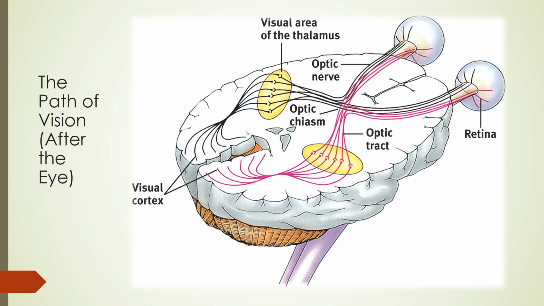So your left visual field, just like with their bodies, is controlled by the right side of your brain. And your right visual field is controlled, or at least processed, I guess, by the left side of your brain. And this optic chiasm, the structure that we were just referencing, is the part that does that filtering.